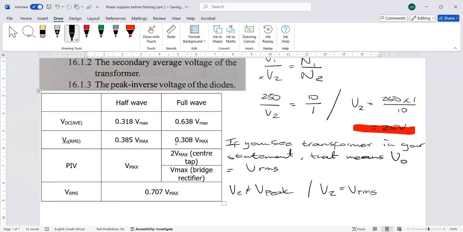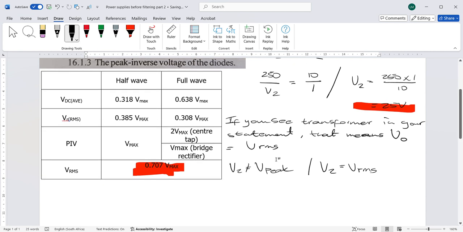So let's go to the table. What's the value of V RMS? The value of V RMS is 0.707 of V max. So therefore, we know that our answer is 25.